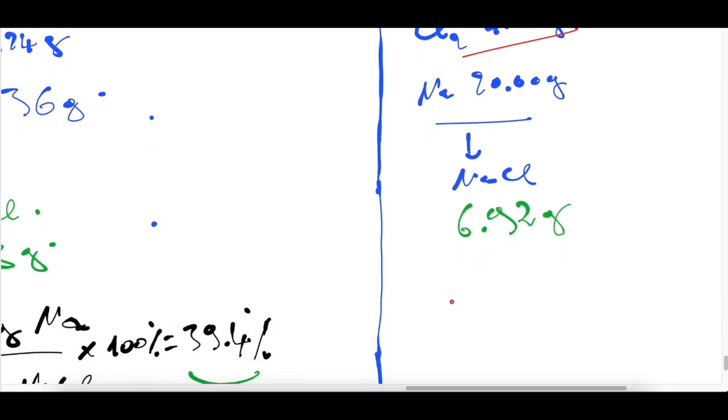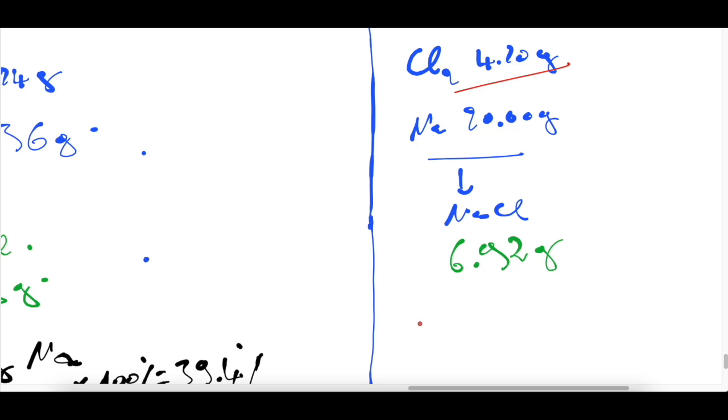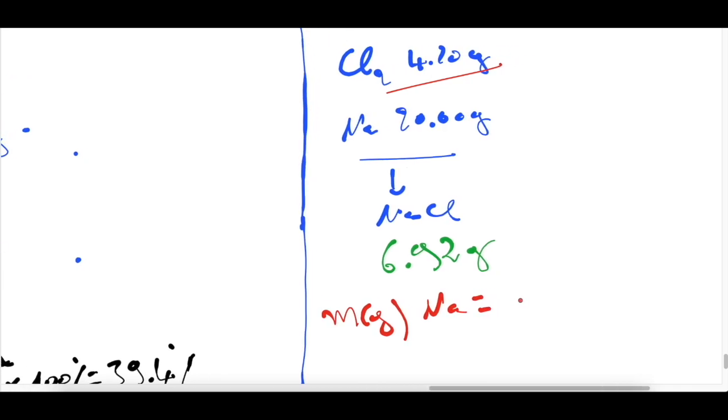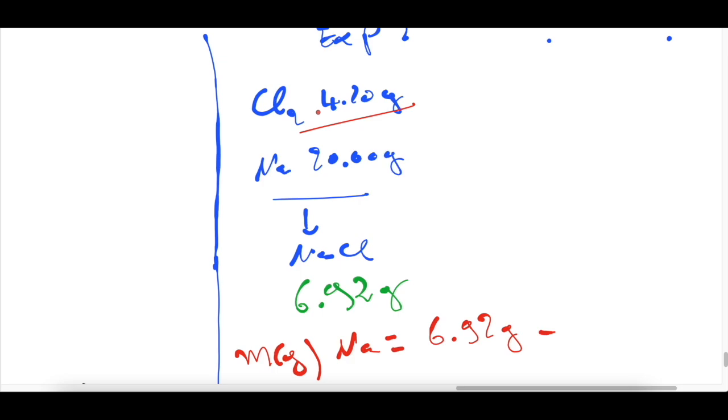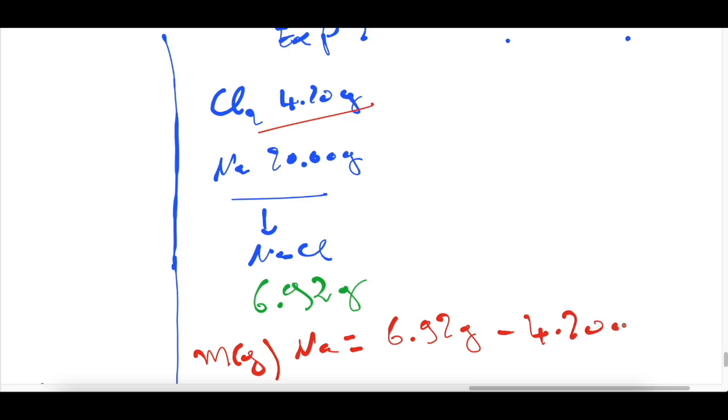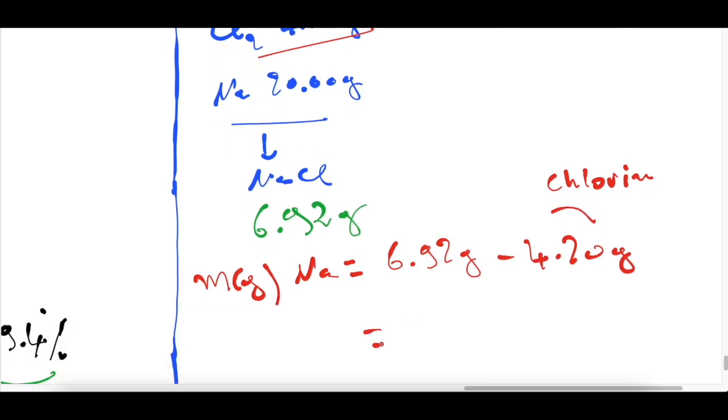How? We just make a subtraction. The mass in grams of sodium is equal to the total mass of the product minus the mass that was totally consumed. Here we have 4.20 grams of chlorine. The result is 2.72 grams of sodium.